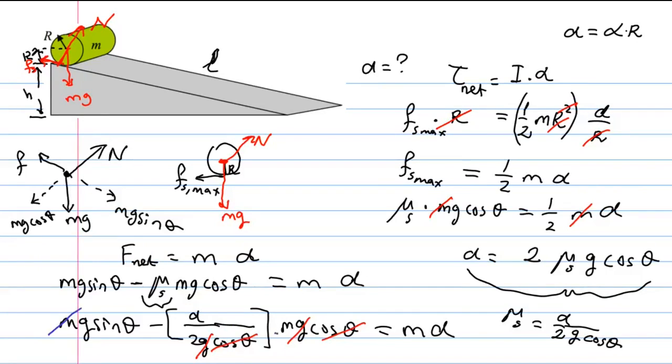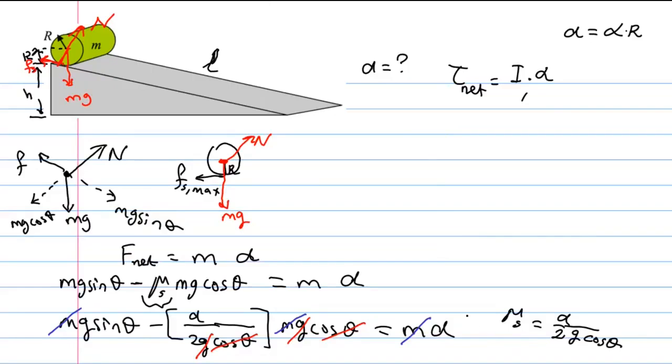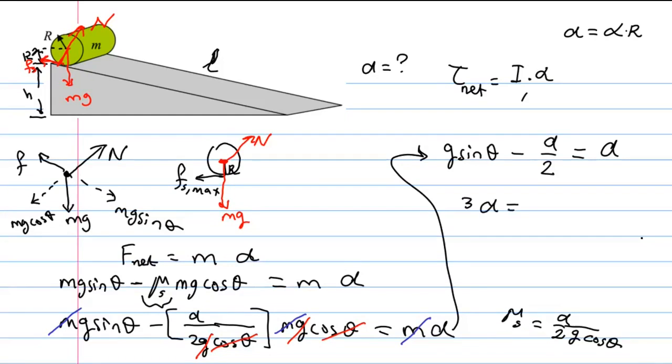Eventually we have g sine theta minus a over 2 equals a. So 3a over 2 equals g sine theta, and a turns out to be 2/3 g sine theta.